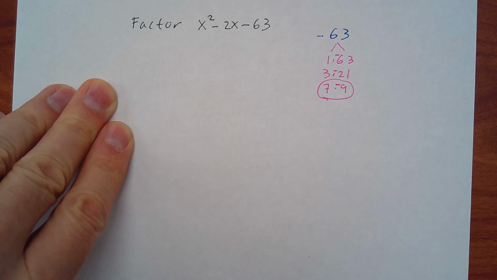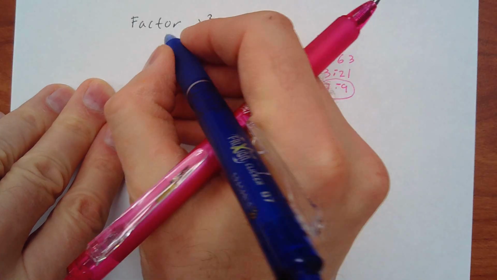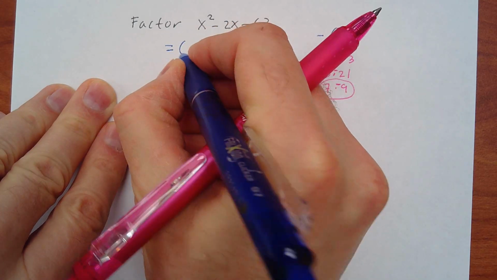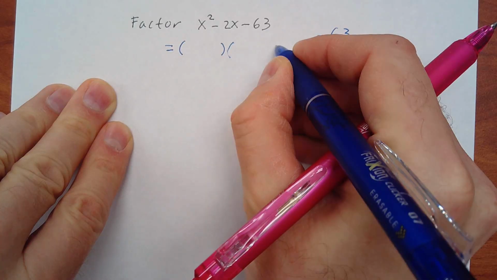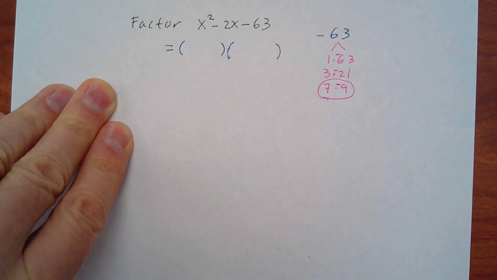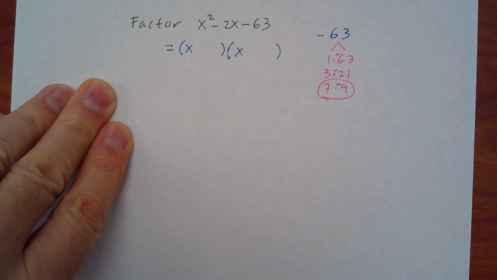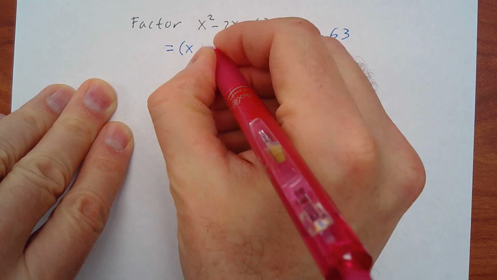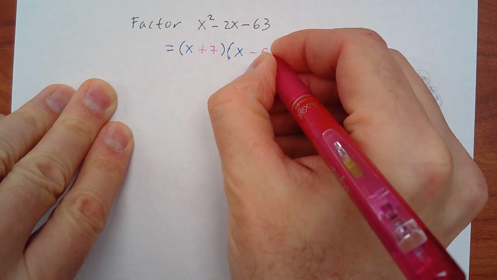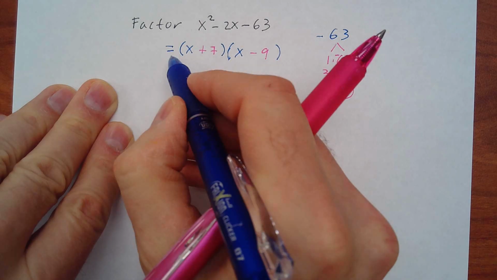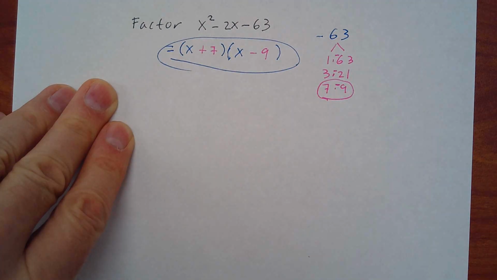So that's the factorization I want. And since the coefficient of the squared term is 1, I can immediately write down the answer. So that'd be my factorization.